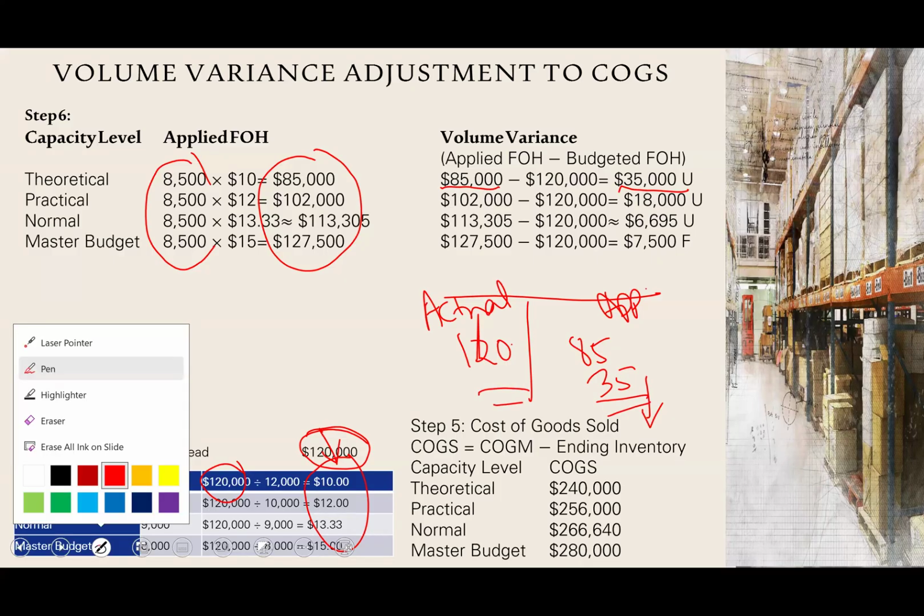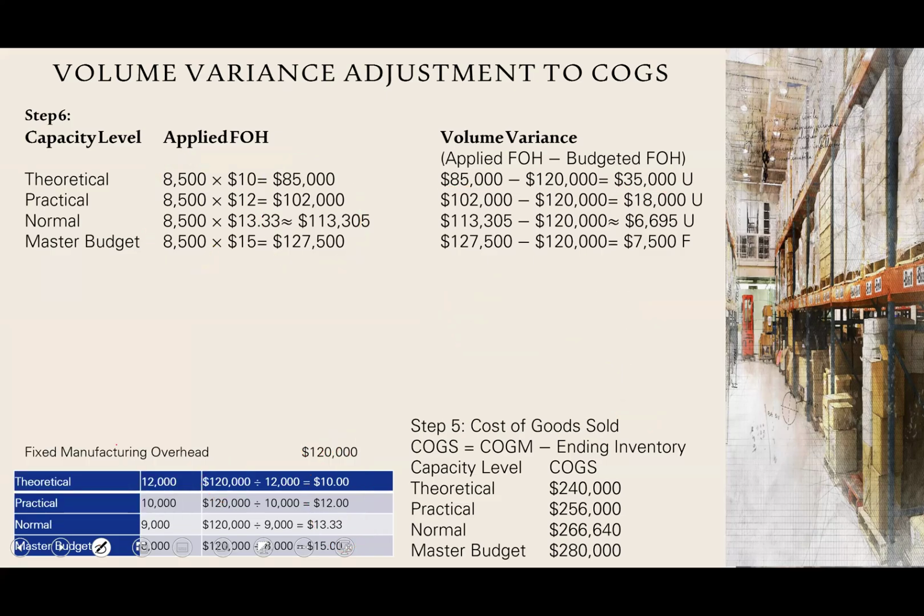So here it's U or underapplied, as the case may be. How do you decide what is underapplied or overapplied? Whenever actual production is bigger than budgeted production, then it is favorable or overapplied, otherwise it's underapplied. Let's keep talking about it. The first three are unfavorable because you have underapplied.